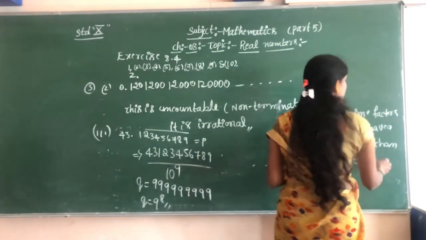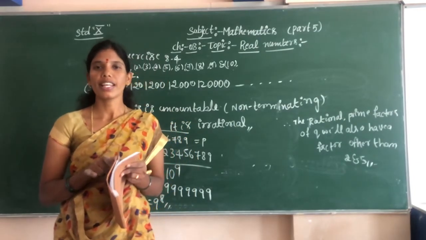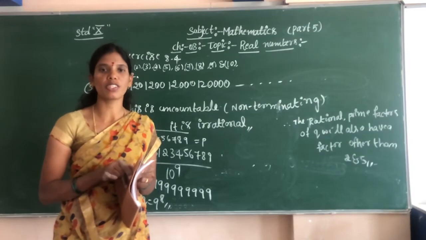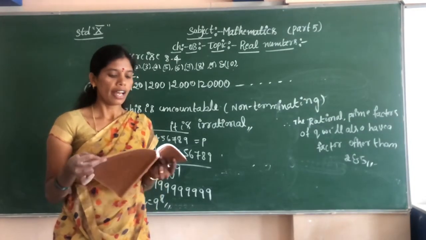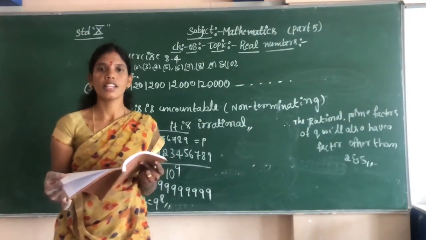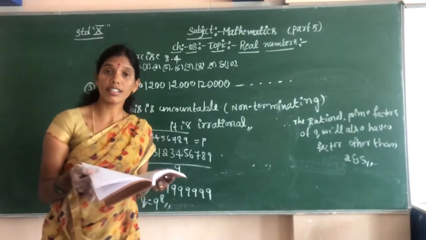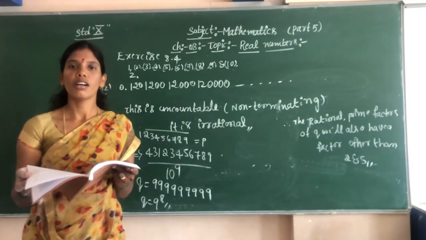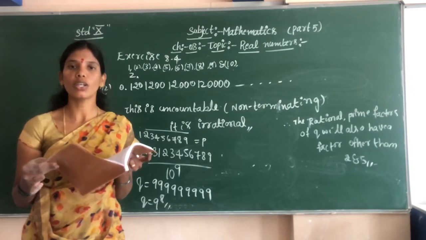So you will see, children, in the theorem also, 2 to the power of n, 5 to the power of m, where n and m are non-negative integers. So in explaining this, revisiting rational numbers, decimal numbers depend upon the terminating or non-terminating prime factorization. And rational numbers are in P by Q form.